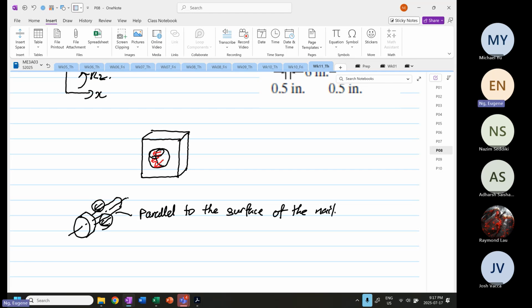When it's parallel to the surface of the nail, anything, stresses or forces applied parallel, is known as what? Shearing stress. Yes or no?